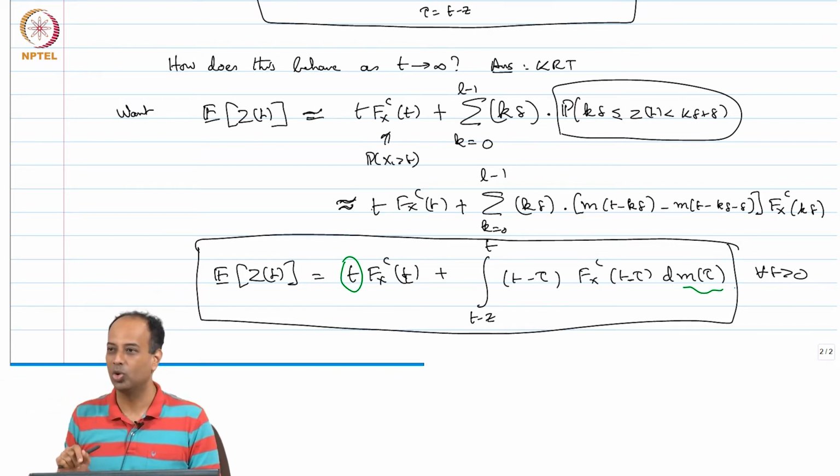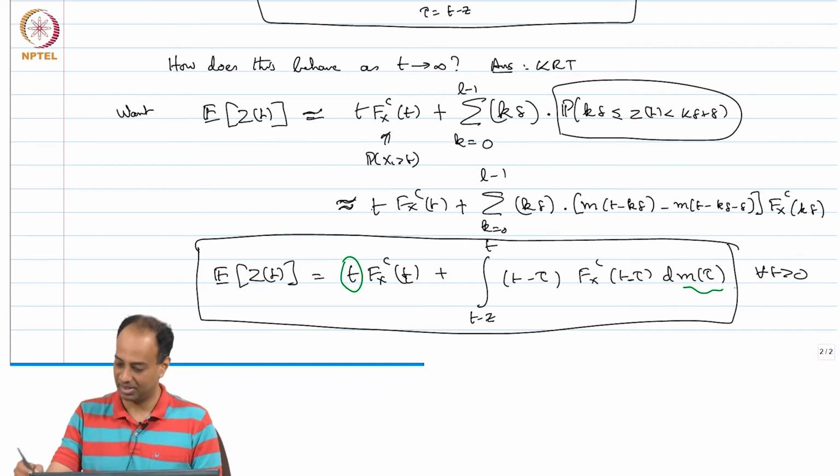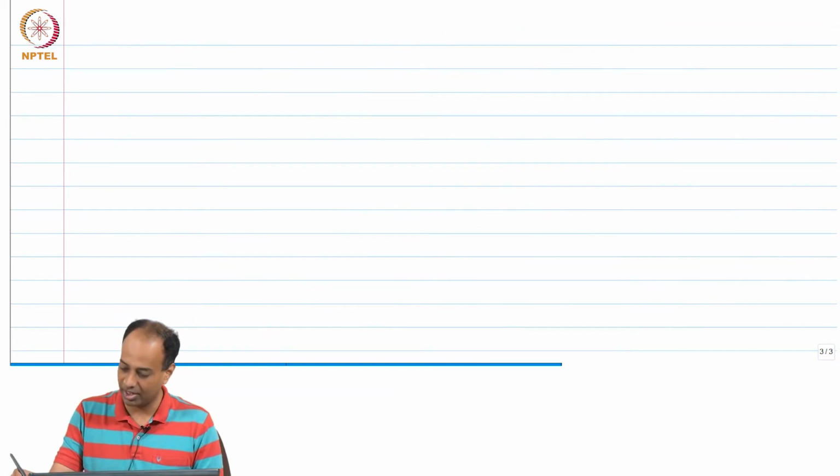So d m tau should behave like d tau by x bar, correct. That is what you would expect and that is what is true, under some technical assumptions. So, that is what the key renewal theorem says.